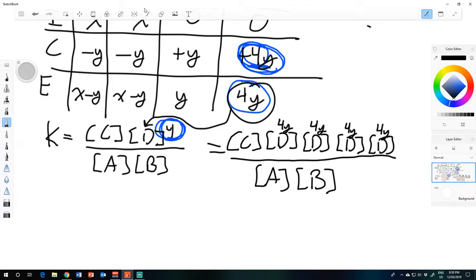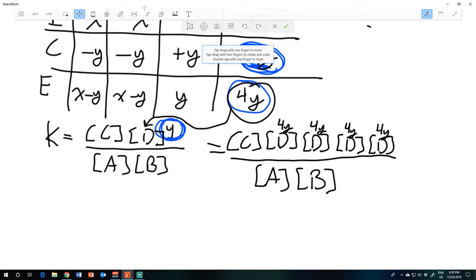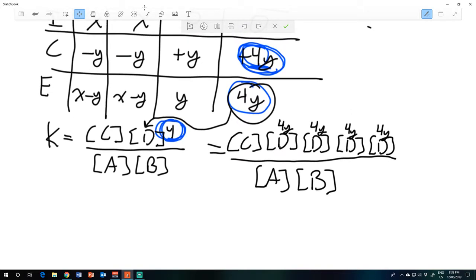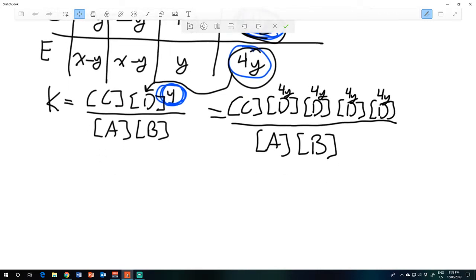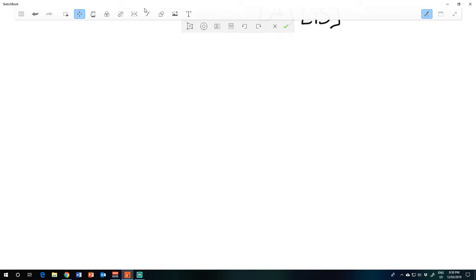I think this is similar to how one of the students in the class explained it to me, and upon looking further into it, this is kind of how you should see it. Now, if that doesn't satisfy you, I can at the very least give you a reason as to why the concentration of D has to be 4y. I'll start with this.